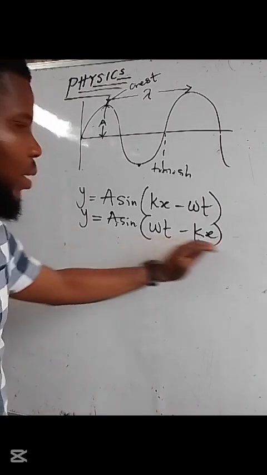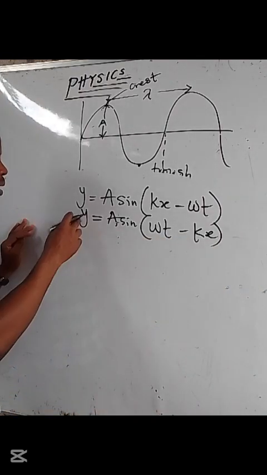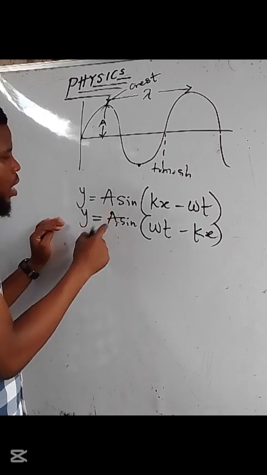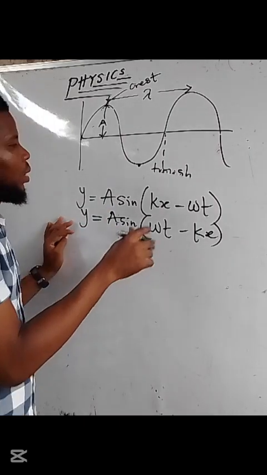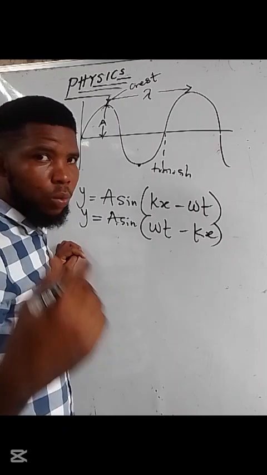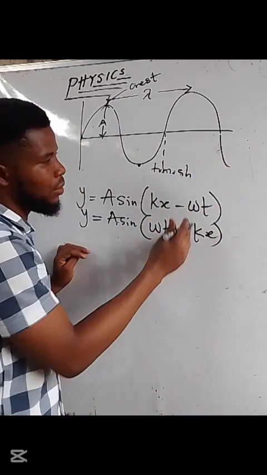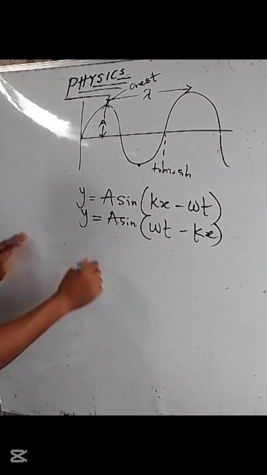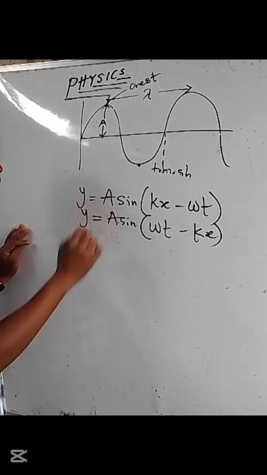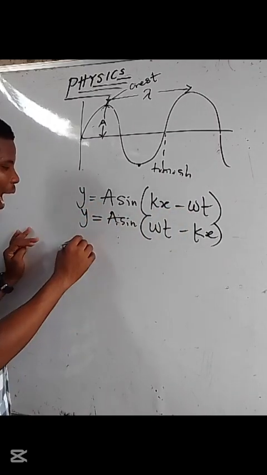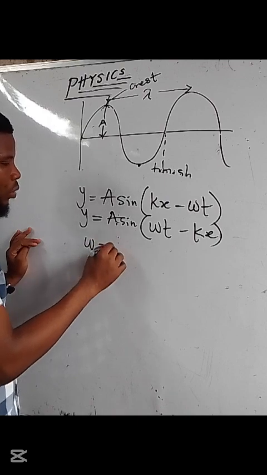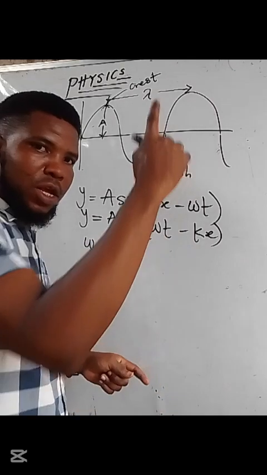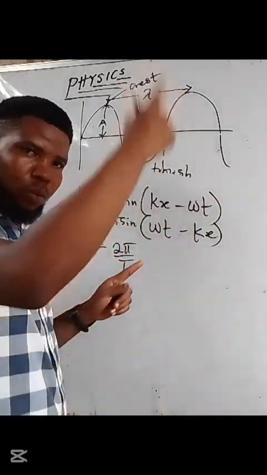Now, I want to explain all the parameters you have here. Now this y is your vertical axis, A is your amplitude, then k is called the wave number, and x is your horizontal axis, and of course this is the time, and this is angular velocity. For every function, angular velocity is equal to 2 pi over period. 2 pi represents one cycle.